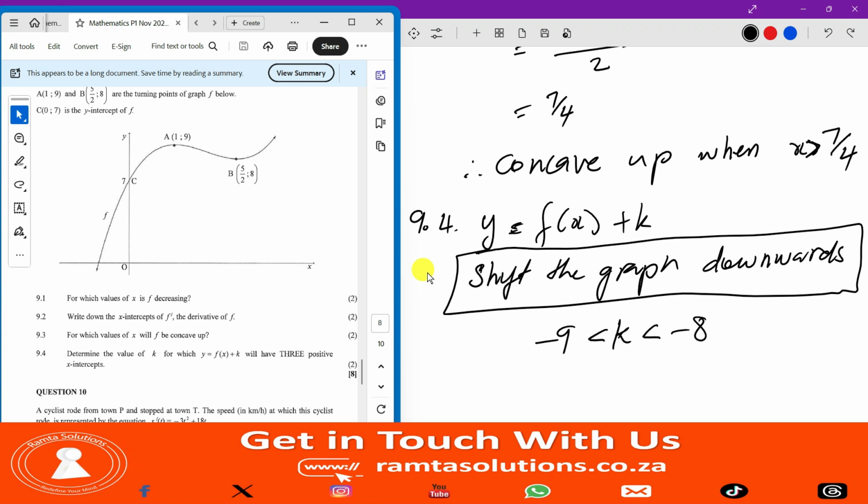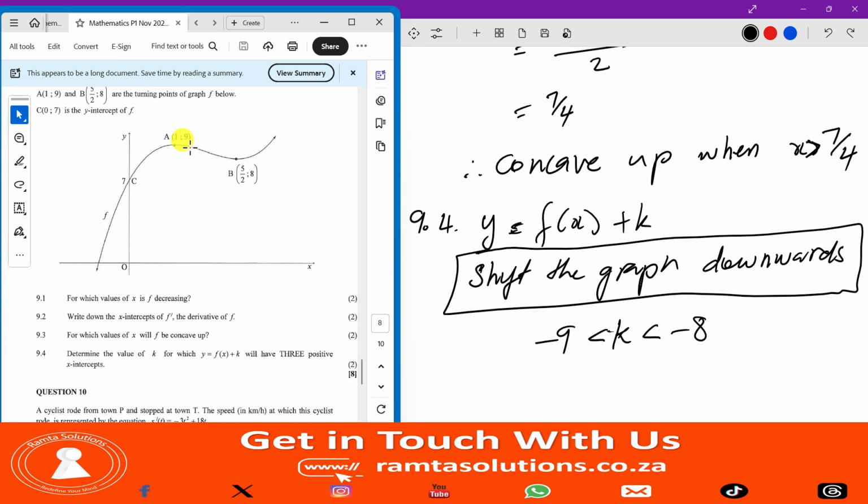If you shift it like that, because you can see the distance between these 2 points is only 1 vertical unit, it's okay like this. Any decimal you can think of will give you 3 positive x-intercepts, and by so doing you are good. So this is your answer.